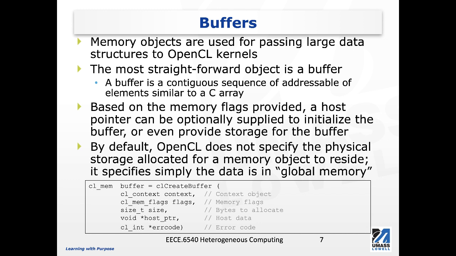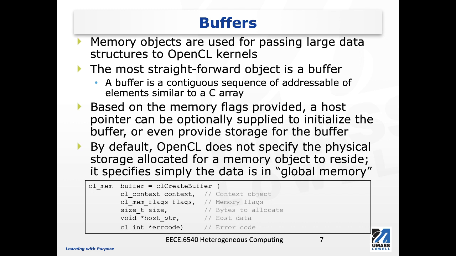And based on the memory flags we just described, depending on which one you use, a host pointer can be optionally supplied if we want to initialize the buffer with data already on the host side. Or we can even provide the storage on the host side for the buffer. By default, OpenCL does not specify the physical storage for the buffer allocated. It simply says the data is in global memory.